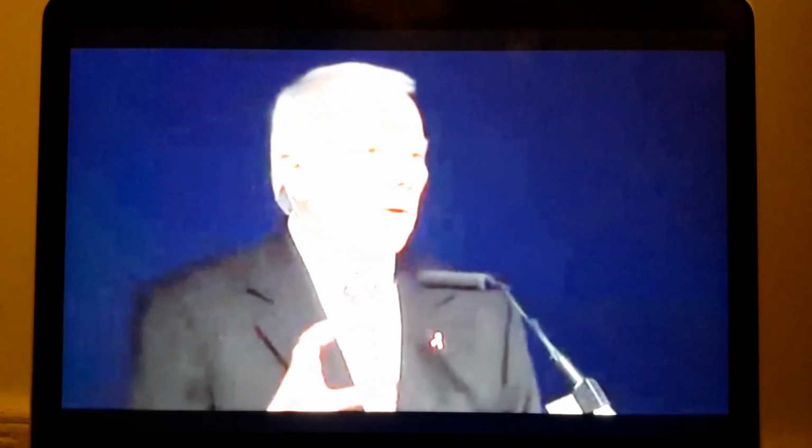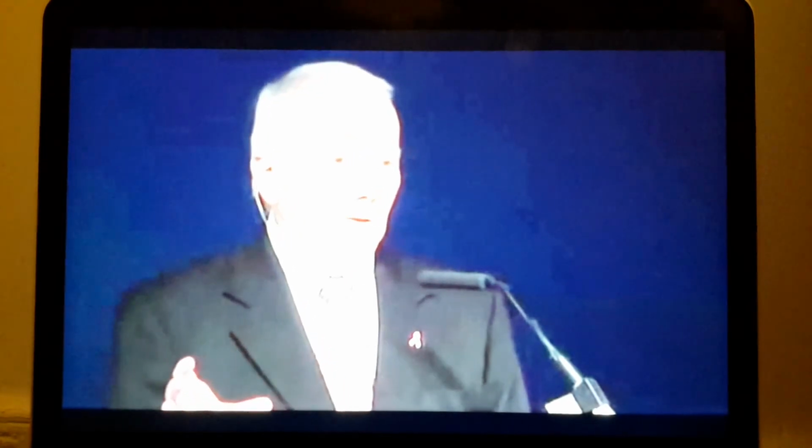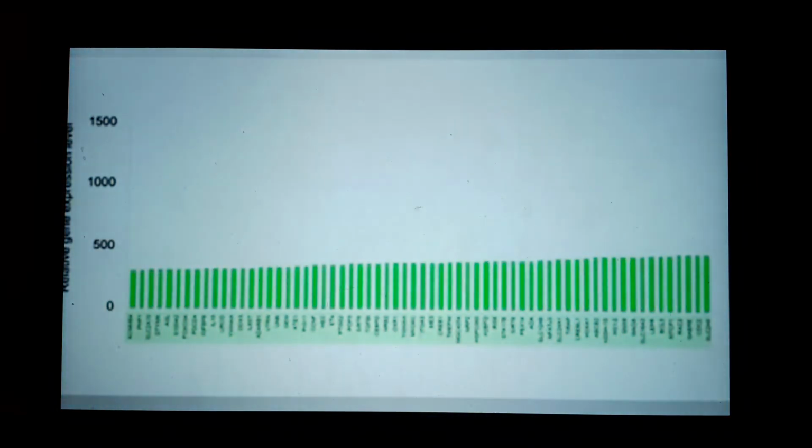We know the gene is there, we know its sequence, we don't fully understand what that gene does, but in other cases we know exactly what it does, what disease it may be involved in. So this is, I think, 63 genes chosen just to be in the middle of that range, and this is how they're expressed when oxidative stress is low, specifically when protandum is in the medium.